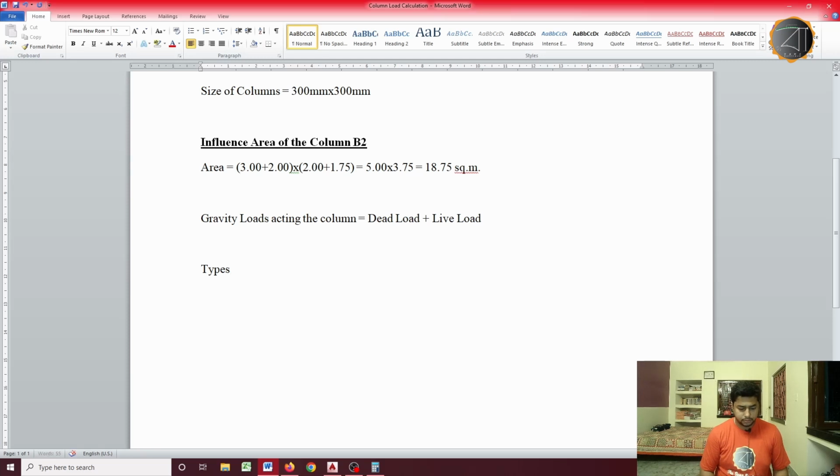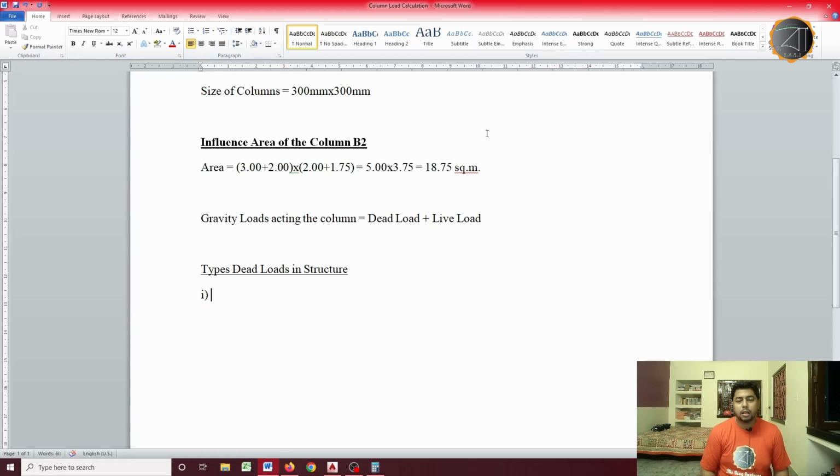Types of dead loads we are going to have in the structure. I will be numbering it one by one and calculating the same. Okay.